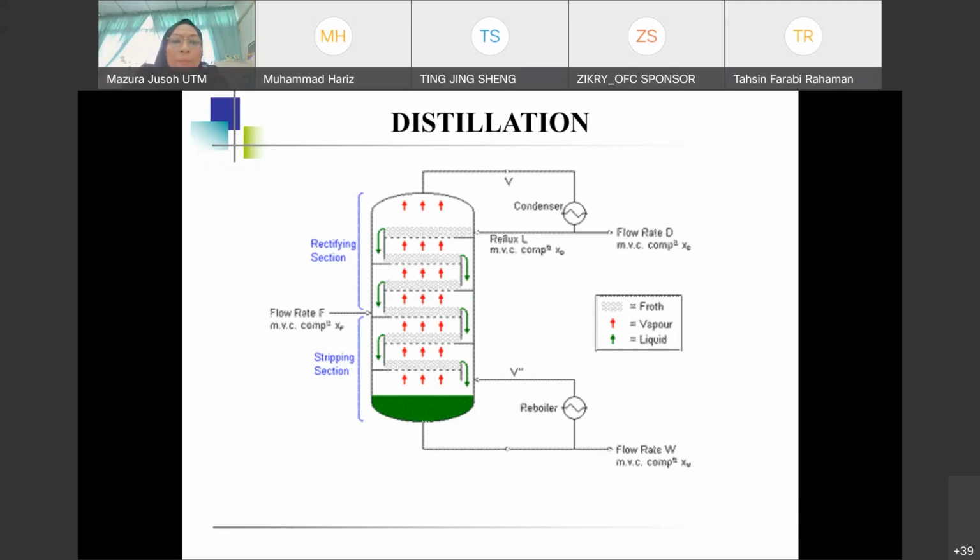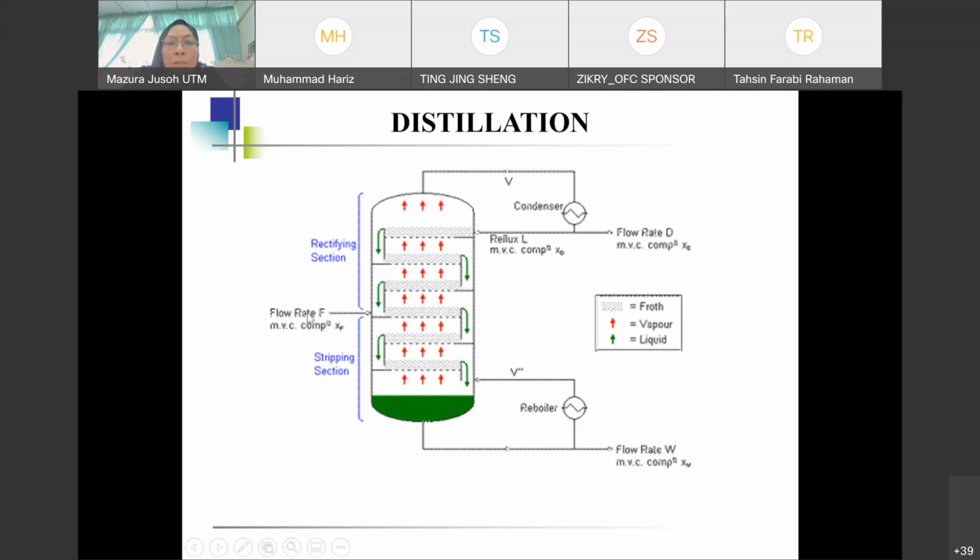Okay, so if you see here, this is a column, and you will have a feed flowing in. So this feed is actually a mixture of liquids. If you have a binary mixture, then it will be two components. If it's a multi-component mixture, you have more than two.